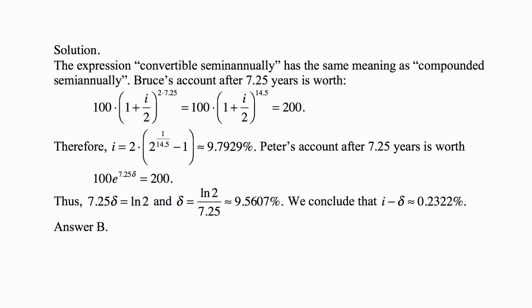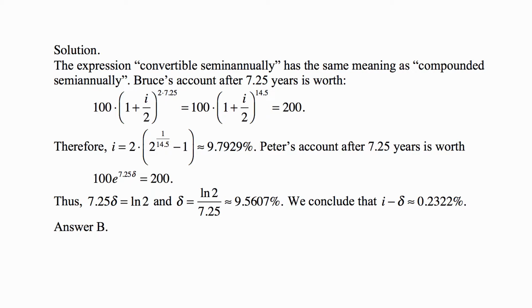we know that this is equal to 200. How do you solve this equation? Because this is an equation in i, and all you need to do is just solve it for i. Divide both sides by 100. That would make the equation 1 plus i over 2 to the power 14.5 equals 2.